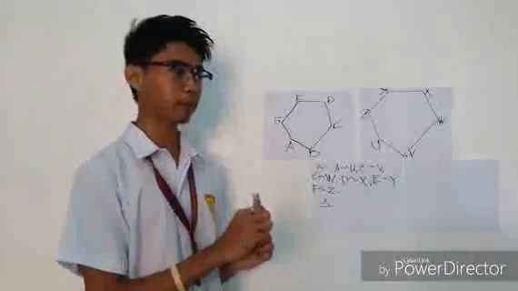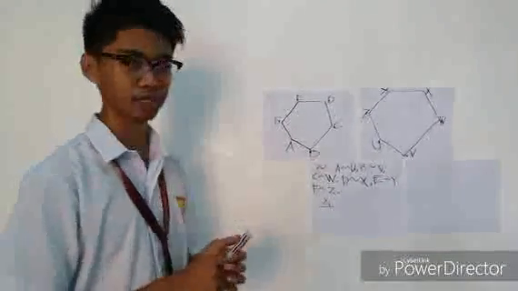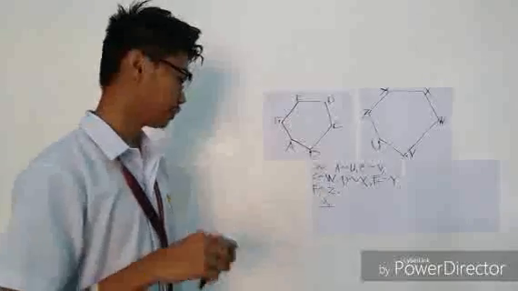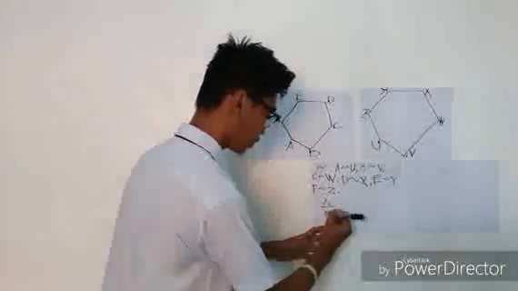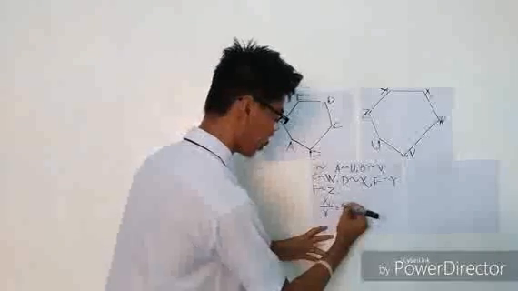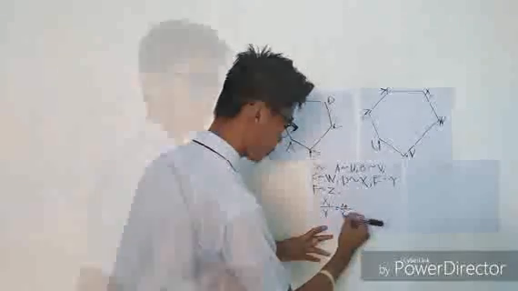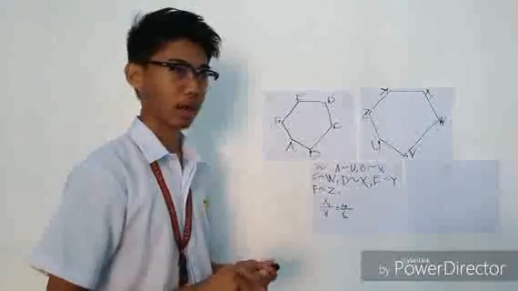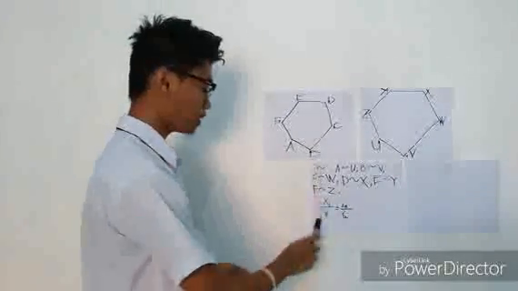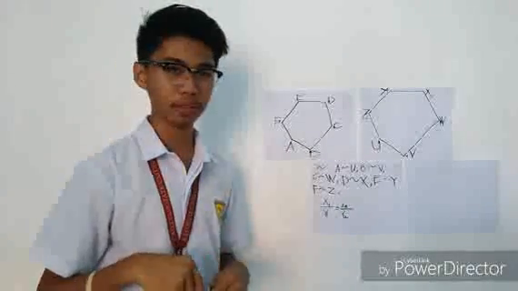Then by ratio and proportion, we obtain different equations from the two similar polygons. The first equation is x sub 1 over y sub 1 equals x sub 2 over y sub 2, wherein x sub 1 and x sub 2 are sides of the similar polygons, while y sub 1 and y sub 2 are the corresponding sides.